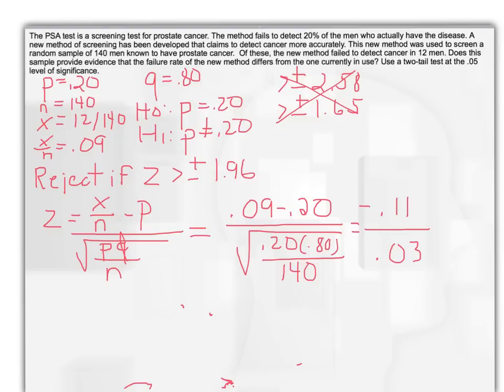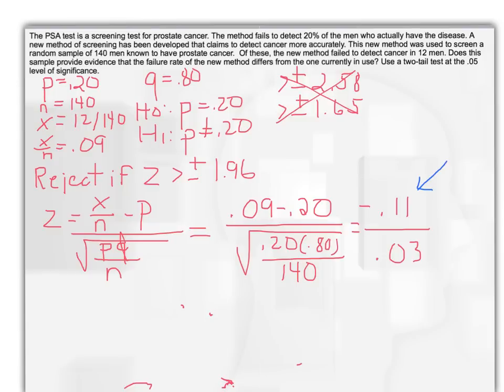And our question is, is this 11% large enough for us to say that one method really is different from another? Or is that difference of 11% simply due to sampling error?